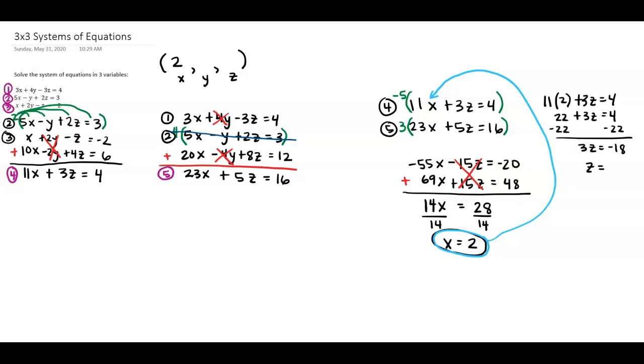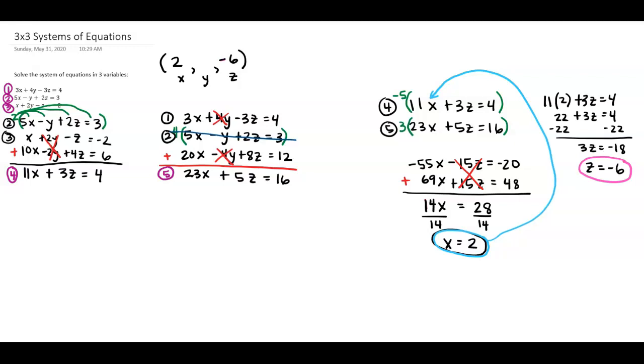So z must equal negative 6. All right, so I came up with another solution. I found out that my z is -6. So I'm going to go ahead and put that in up here. Whoops, I'm going to put that in black. So -6. And now I'm just left to find my y.